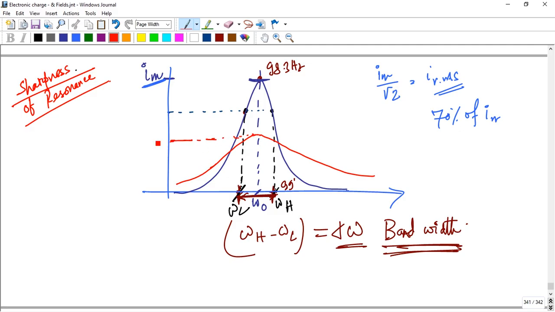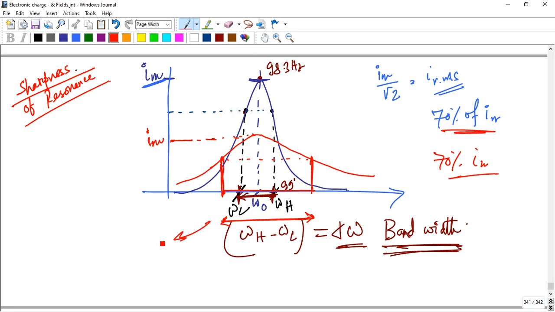Suppose that is IM of the red color, and here is 70% of IM, so we get that point here. See, the red color bandwidth is very large. So the red bandwidth is very large.